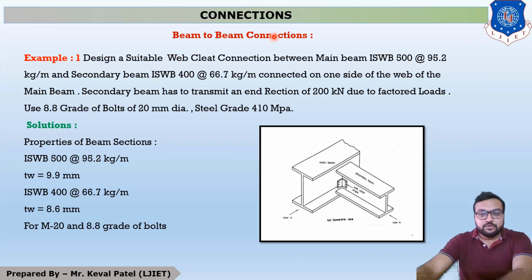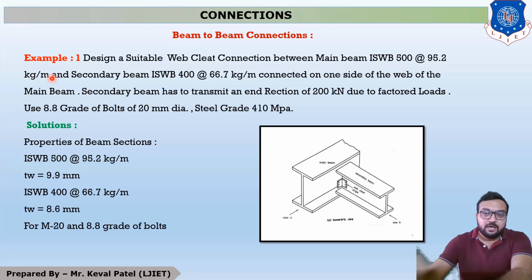Okay, so the question is: design a suitable web plate connection. It means we have to use web plate connections. So this is the figure of web plate connections between main beam and secondary beam. So what are the components? This is the section of main beam, which is ISWB 500 at 95.2 kg per meter.